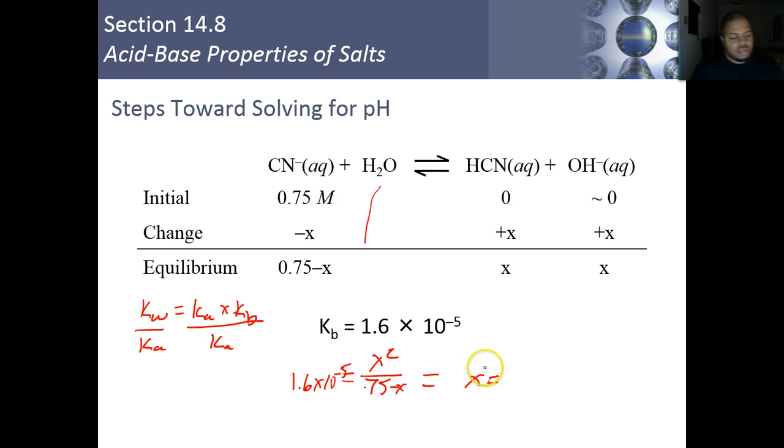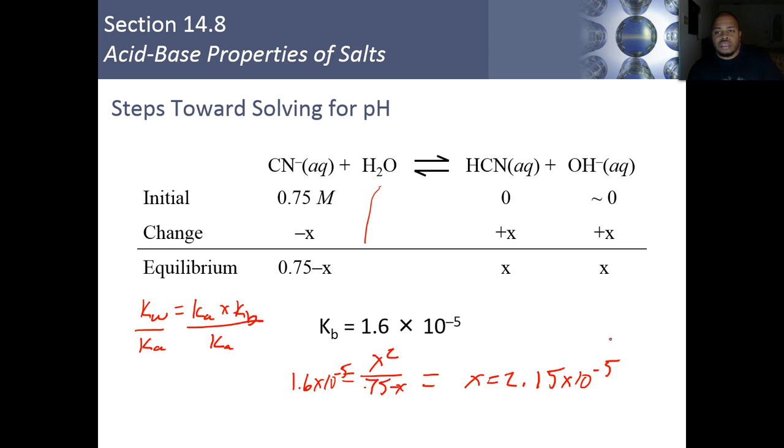Of course, going through this, I'm speeding through parts of it, so I do apologize. You're going to end up with x equals 2.15 times 10 to the negative 5, and we can use that to find the pH.